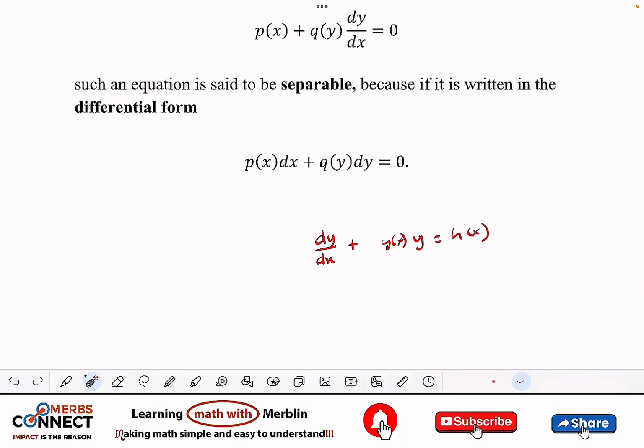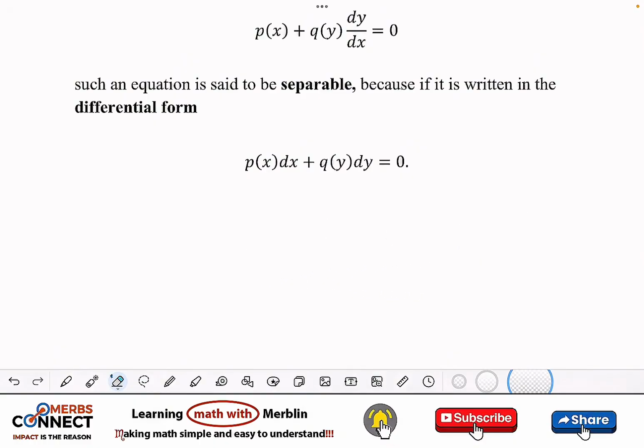Separable differential equations. Now, when we were doing the linear differential equation, we were actually even using the idea of separable differential equations, so it's kind of a top up to that.